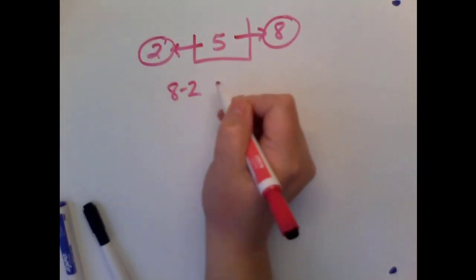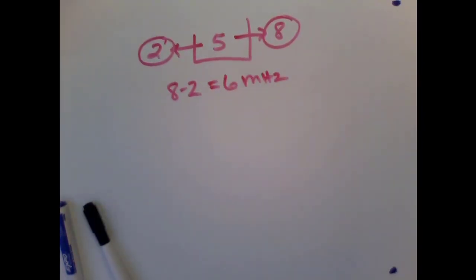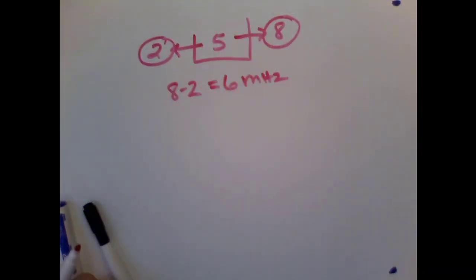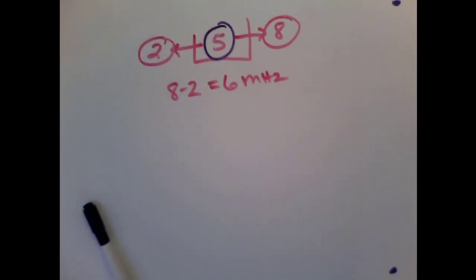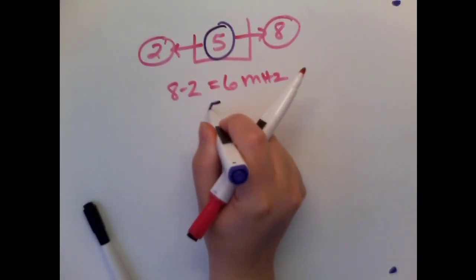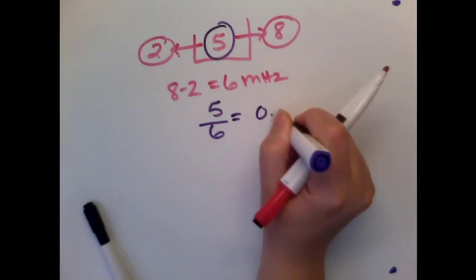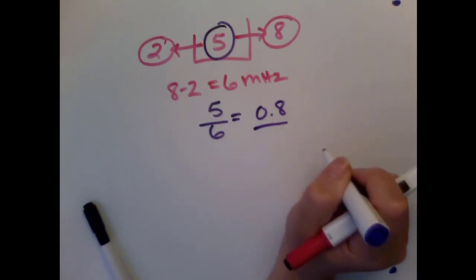So 8 minus 2 equals 6 megahertz for our bandwidth. Q factor then is going to be our main frequency divided by our bandwidth. So Q factor will be 5 divided by 6, which equals 0.8. Remember, Q factor is unitless. There are no units for it.